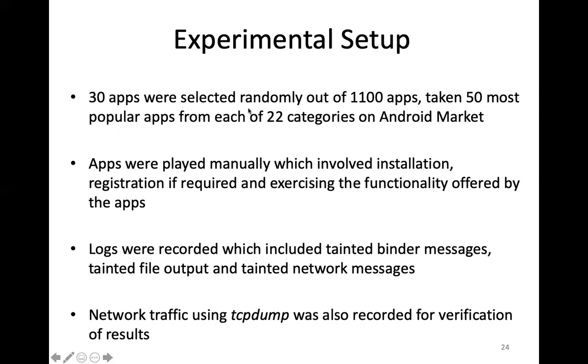But at the time, they ran the applications manually by installing the application and exercising the functionality offered by it. Then TaintDroid recorded logs, and they recorded things like TCP dump network traffic data, and so on. This is how they tracked what the application was doing.